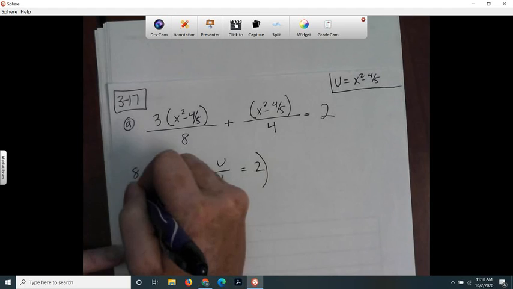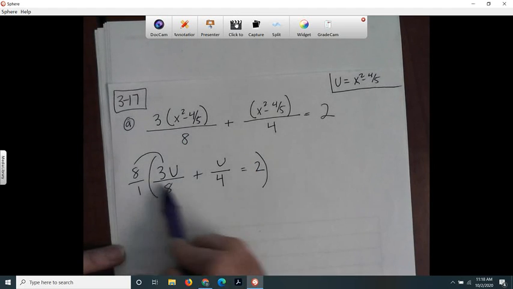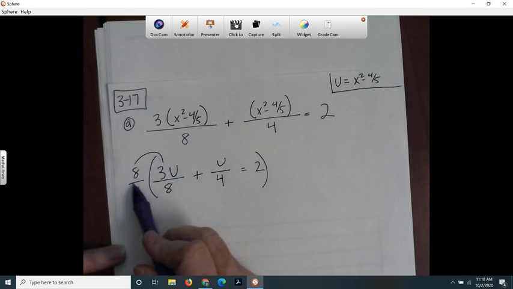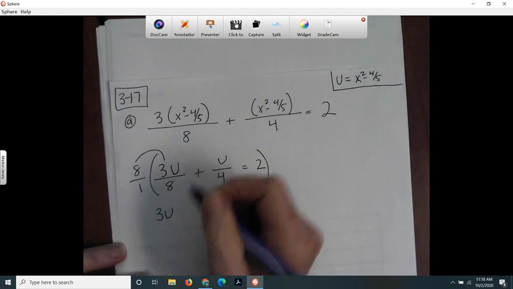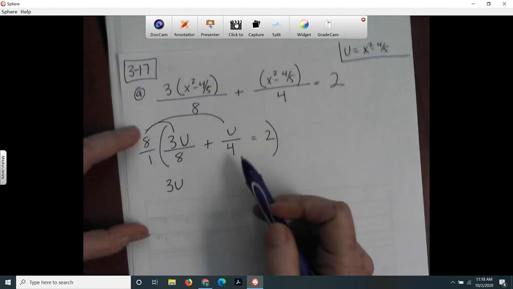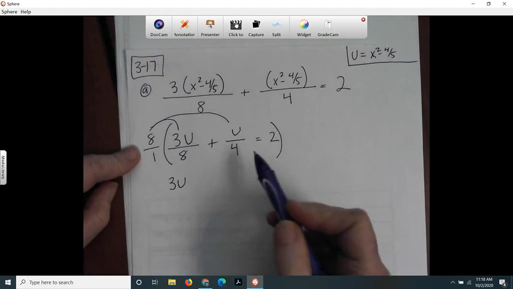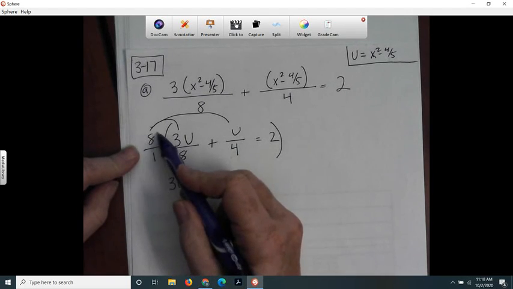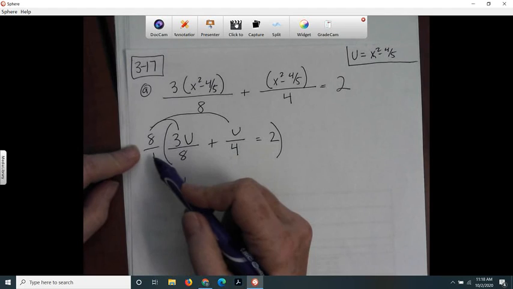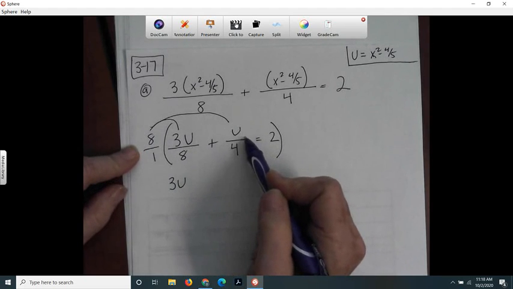So these 8s will cancel out, and I'll end up with 3U. Now this 8 and this 4, if I do fraction math, I'll cancel out the 4, but the 8 will turn into a 2. And 2 will multiply against U, and I'll end up with 2U.